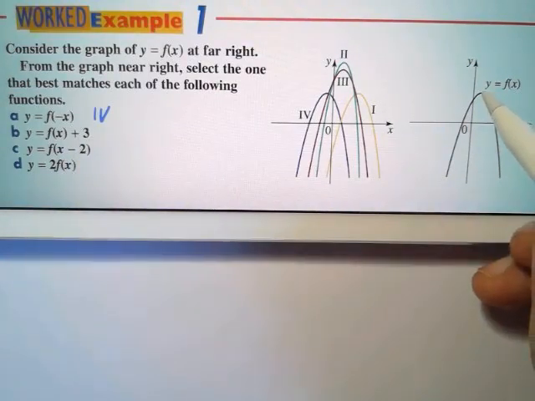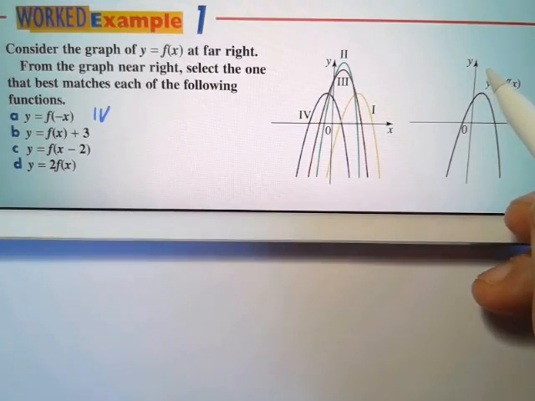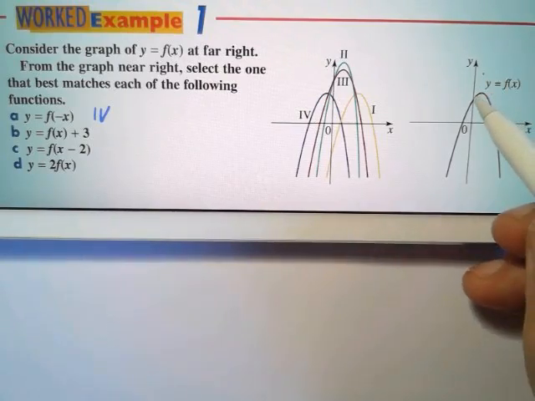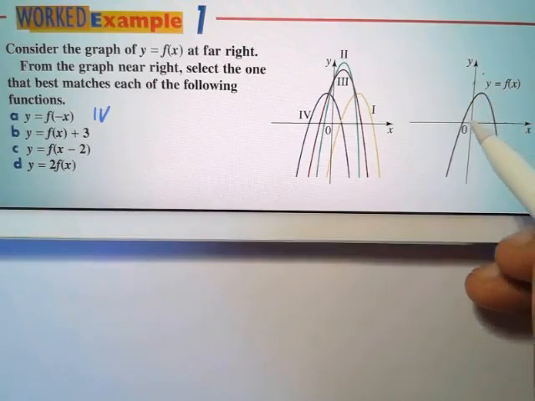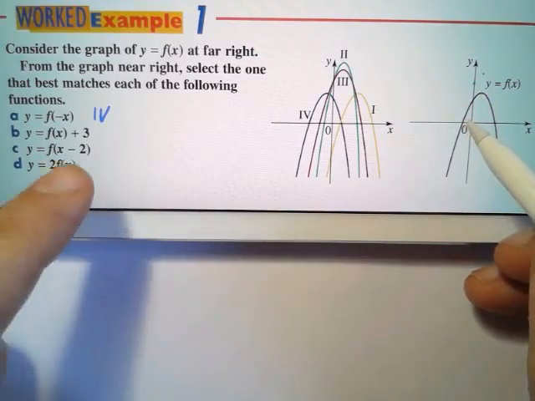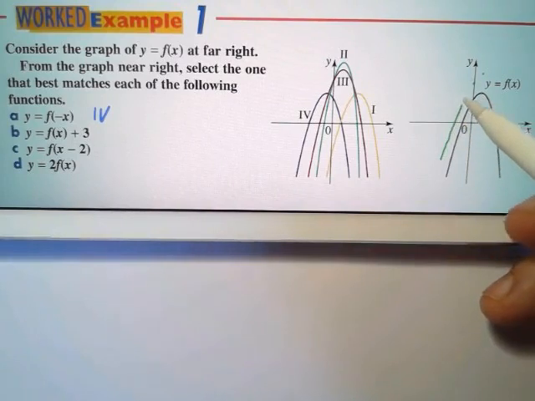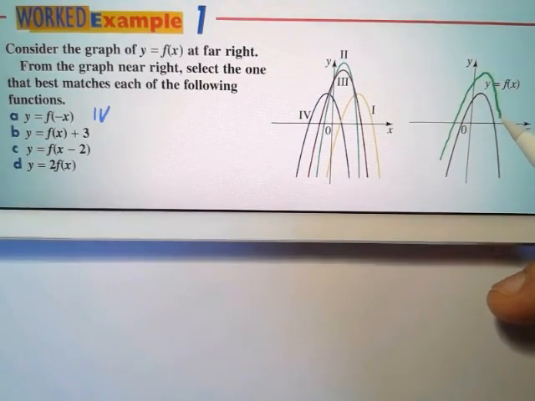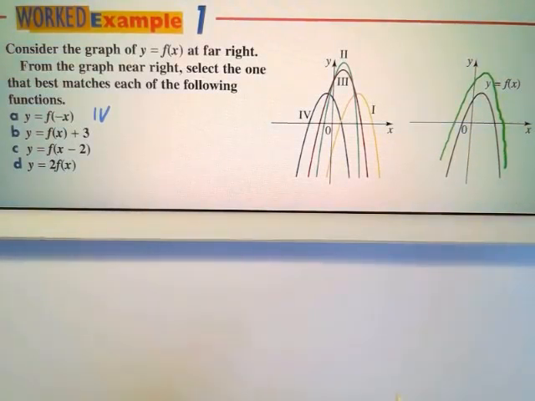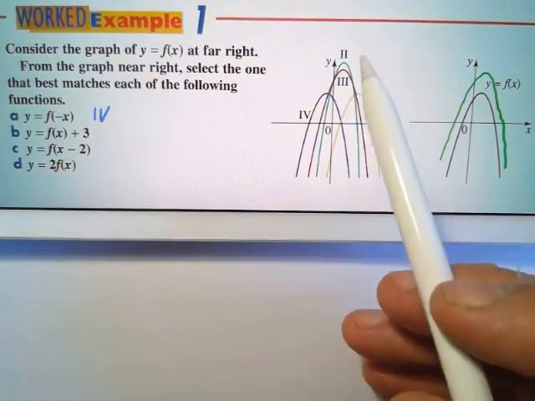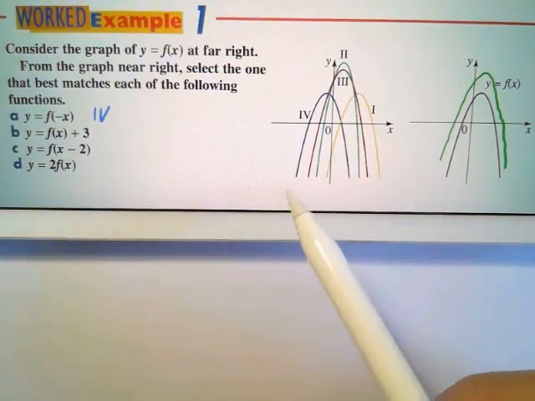If this was, let's say, 2, that will become 5. If this value was 1.5, everything will move up 3 units. So 3 units up, 3 units up. So all of those will move up.